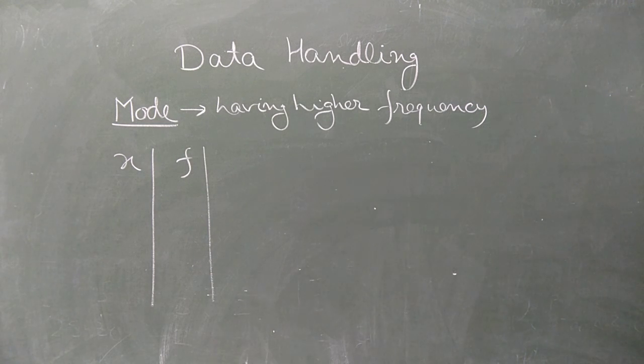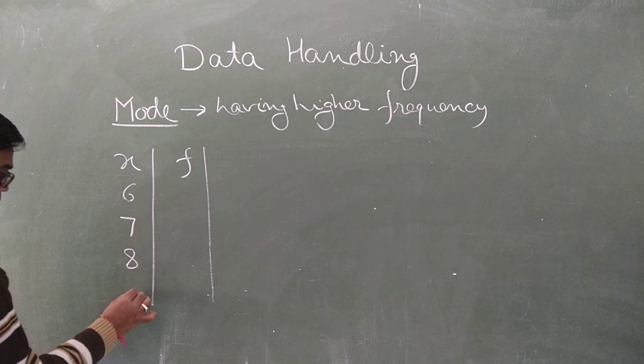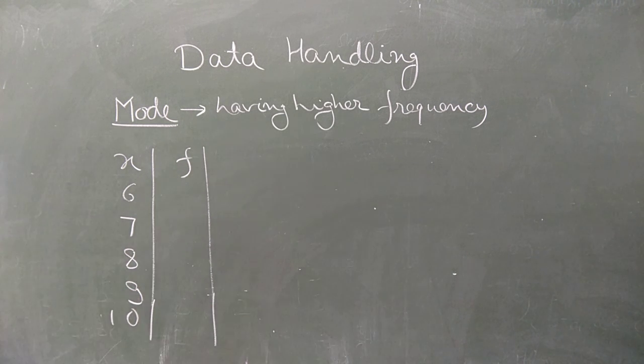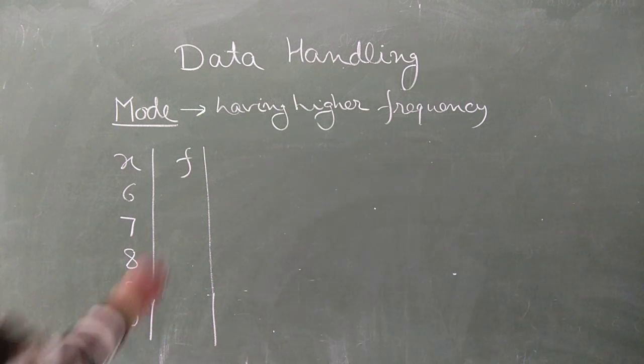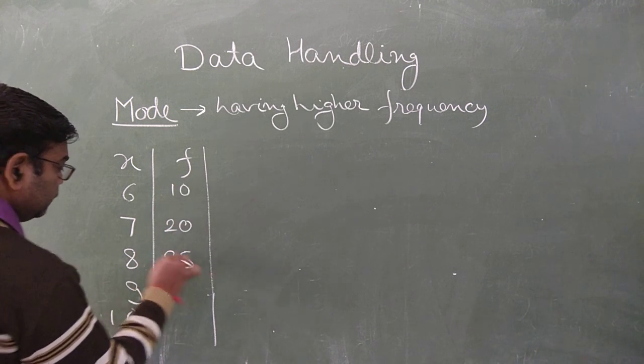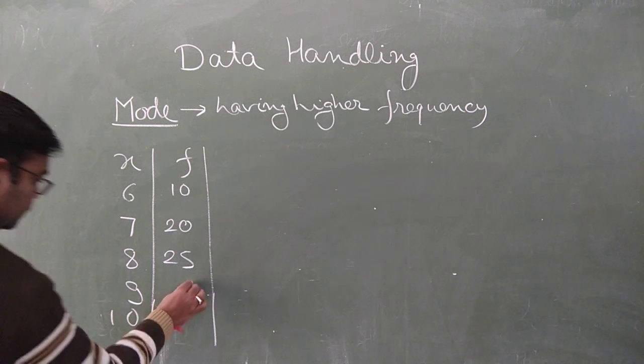The sizes of shoes are 6, 7, 8, 9 and 10. And the frequencies are 10, 20, 25, then 8 and 7.